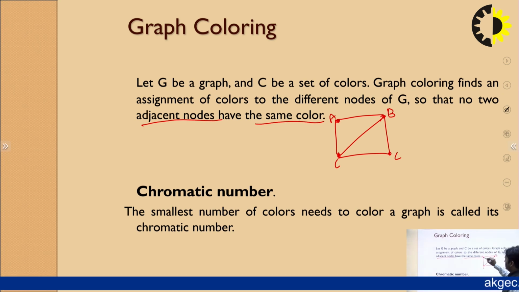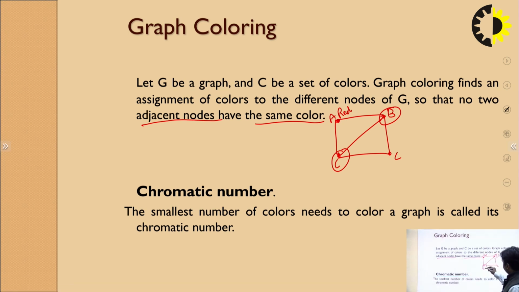If we put the color red on node A, then the adjacent vertices of A are C and B, so we cannot put red on B and C. Then we have to put a new color on C and B, we give it yellow.